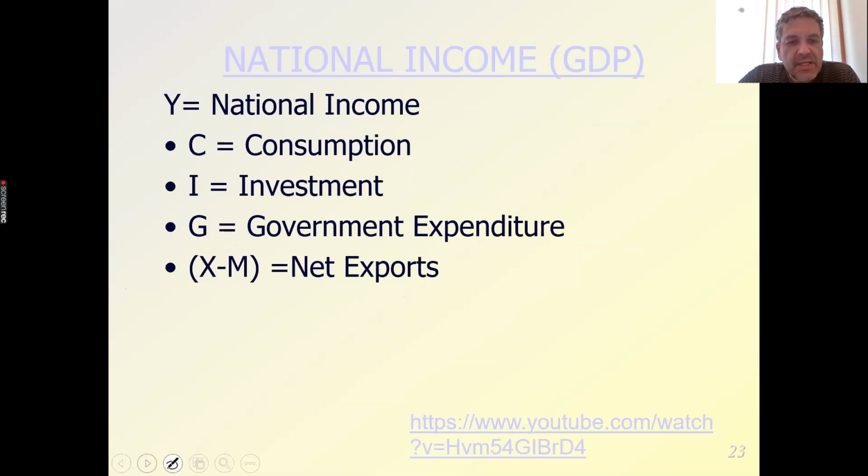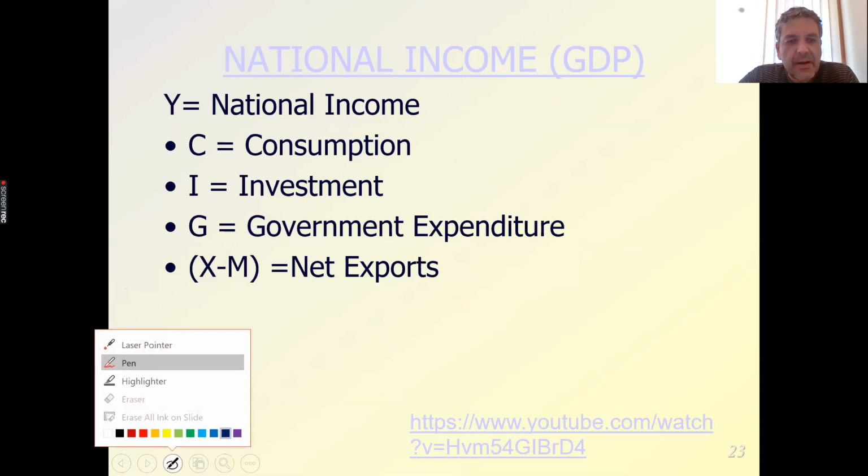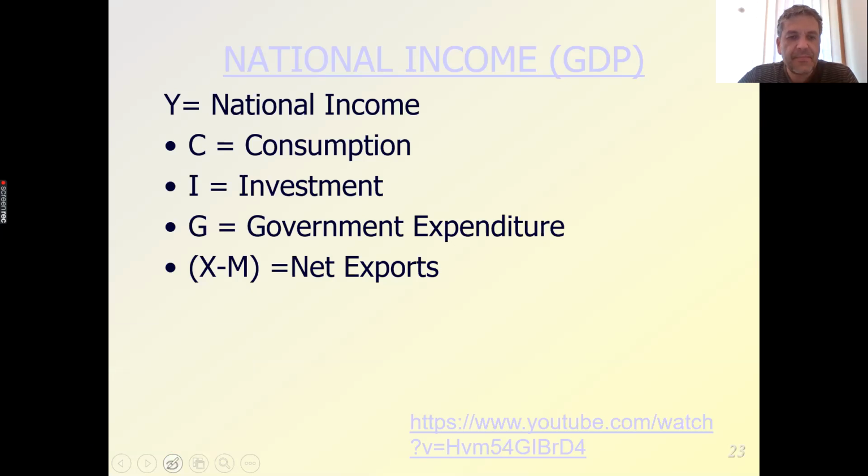We have national income, and we're going to refer to national income as the total amount of money received by households as payment for their factors of production being used by firms. We also said that firms produce goods and services, but the government could also be producing goods and services.